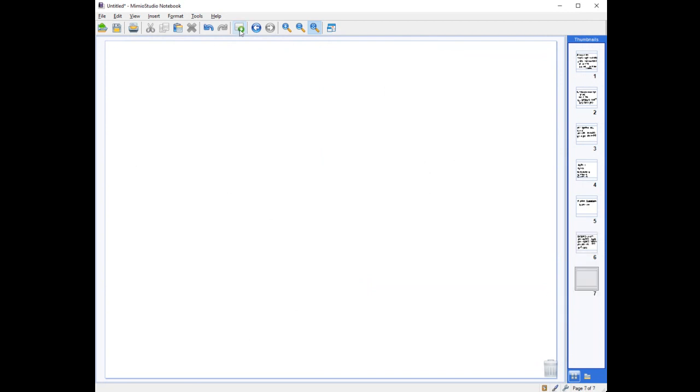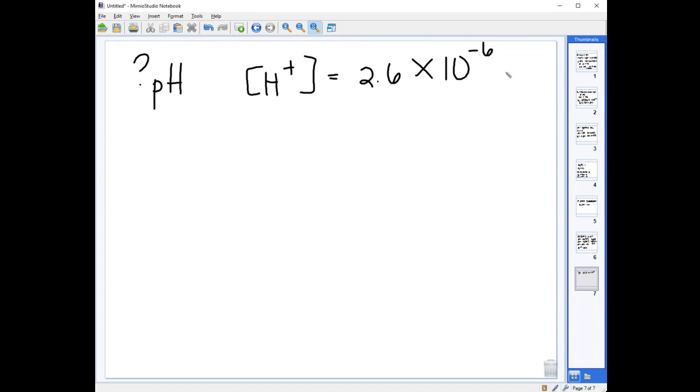So let's look at the very bottom of page 1 on your calculating pH there. They want to know the pH when our hydrogen ion concentration is equal to 2.6 times 10 to the negative 6 molar. Remember, mole is just a unit of concentration.